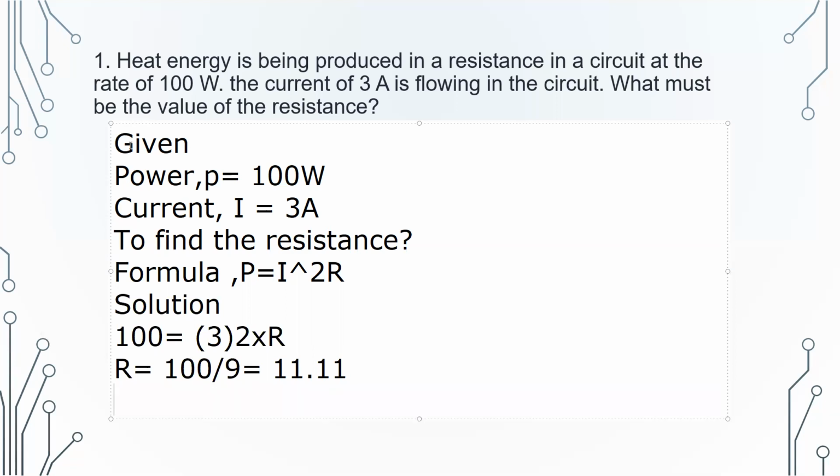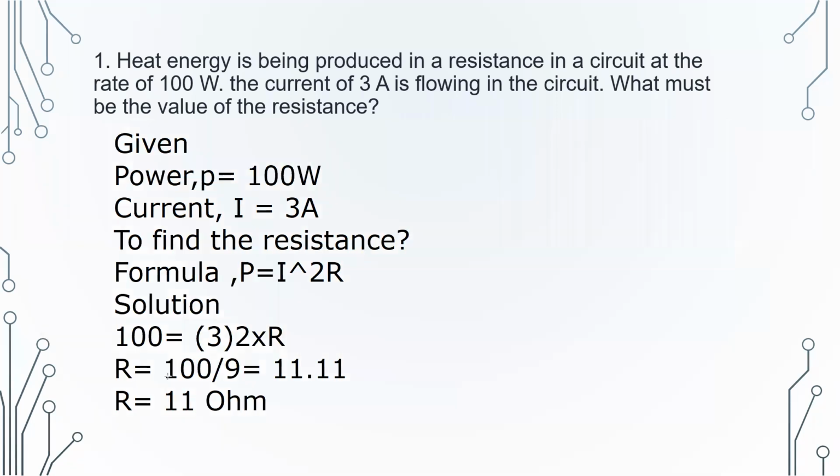We can approximate it and write R is equal to 11. What is the unit of resistance? Ohm. 11 ohm. So the value of resistance in the circuit is 11 ohm.